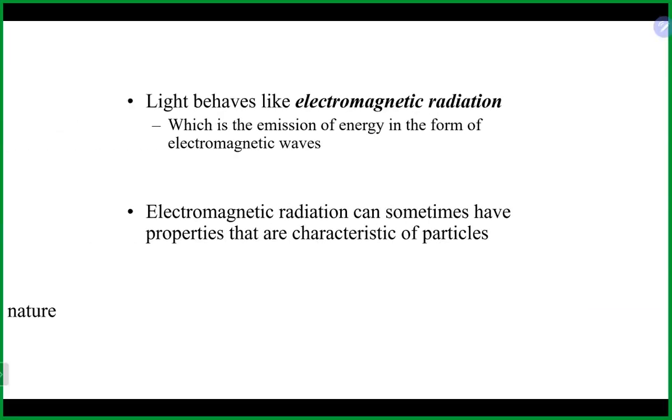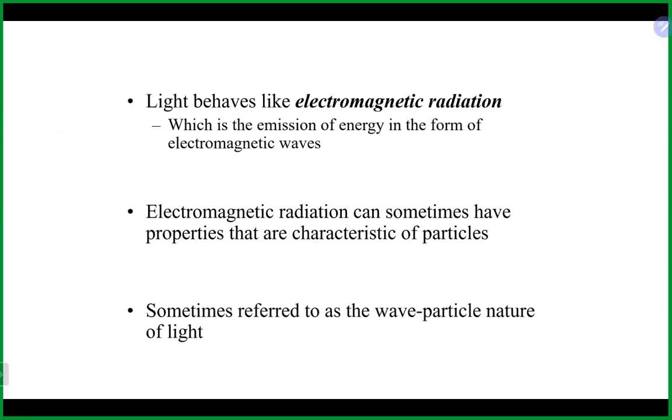Now, light behaves like electromagnetic radiation, which means the emission of energy in the form of electromagnetic waves. Now, electromagnetic radiation sometimes has properties or characteristics of particles. So a lot of what we talk about here in this quantum theory idea is the wave-particle nature of light.